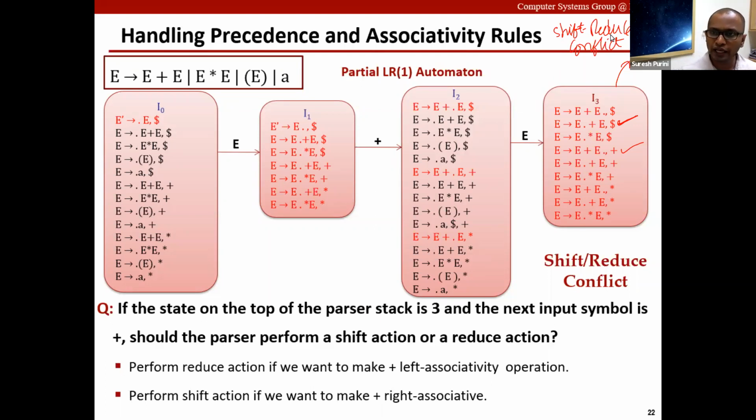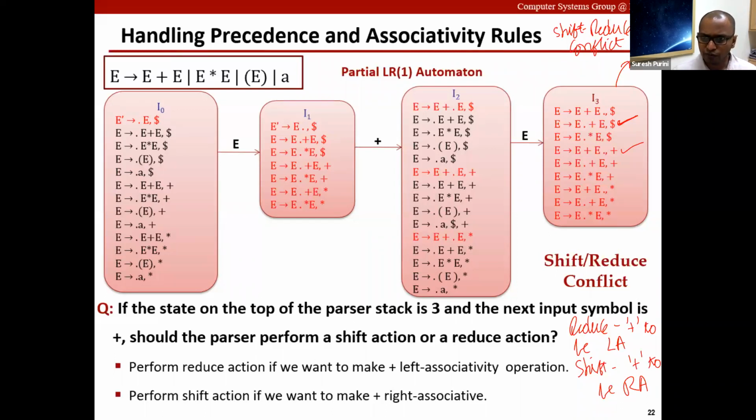So lean towards reduce if you want plus to be left associative, I am using LA for short, and lean towards the shift action if you want your addition operator to be right associative. RE stands for right associative, LA stands for left associative.